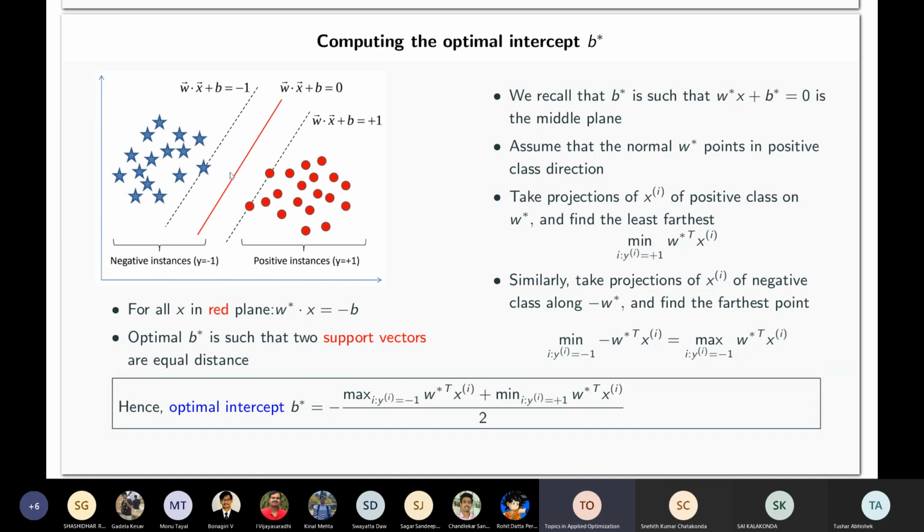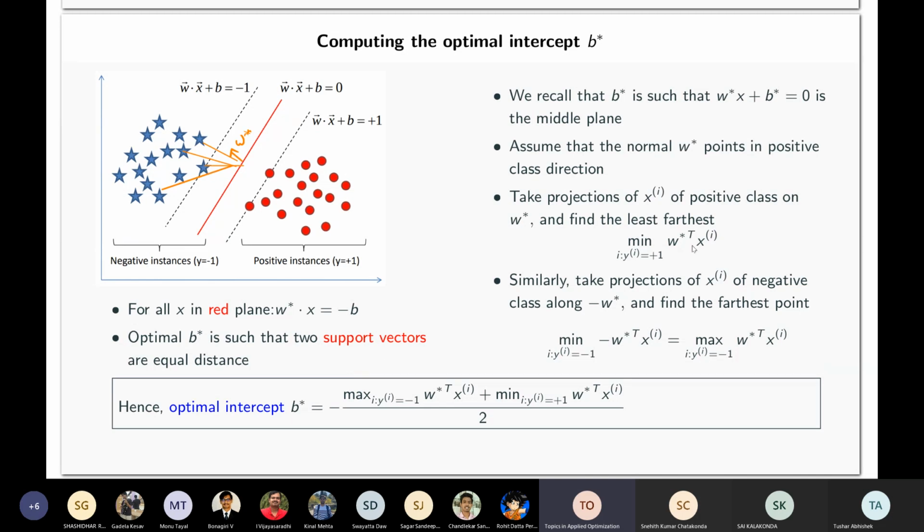B is something that is at equal distance from here and here, right? So you take a projection of W star. W star you found, right? Now you take the projections and see which point is the closest by doing these projections, and take the shortest.